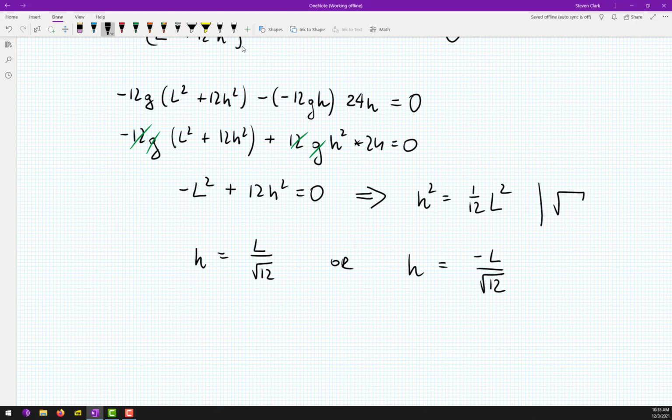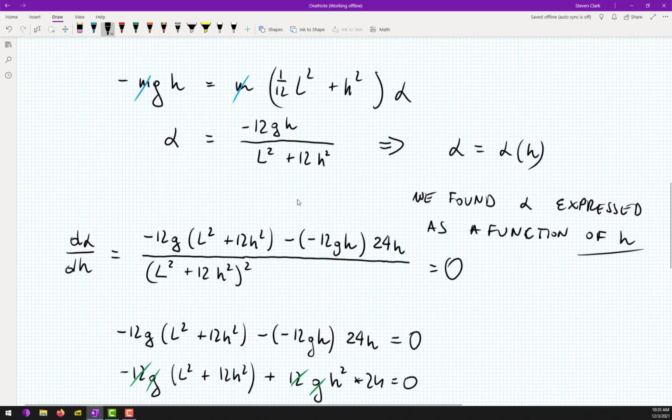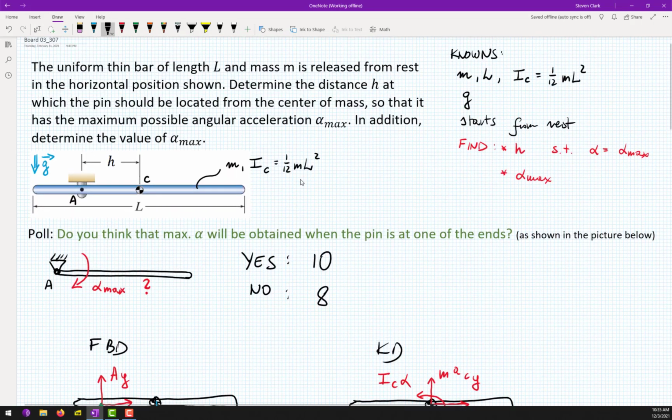We got two answers. Which is fine, because our system is symmetric. Yeah, the geometry is symmetric. So that means that maximum acceleration will be obtained if A is, for example, here, and also here.